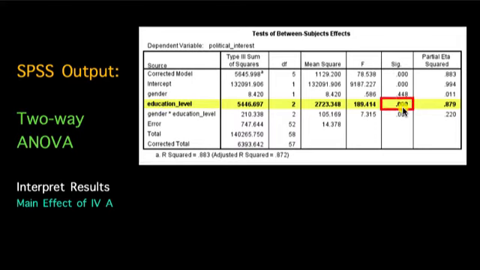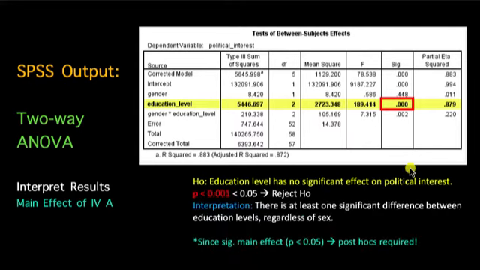So p is going to be less than 0.001, which is less than 0.05, which tells us we can reject the null hypothesis. And the null hypothesis for the effect of education level on our political interest is that education level has no significant effect on political interest.